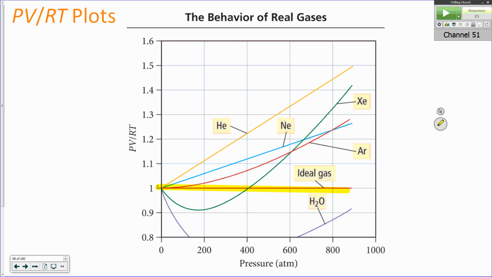Now again, this is going to some extreme pressures, going up to hundreds of atmospheres. But we can see something like water quickly deviates from the ideal and drops down. And so does something like xenon. All right, so it has pressures below. And the fact that the pressure is below means that these things are not elastic.